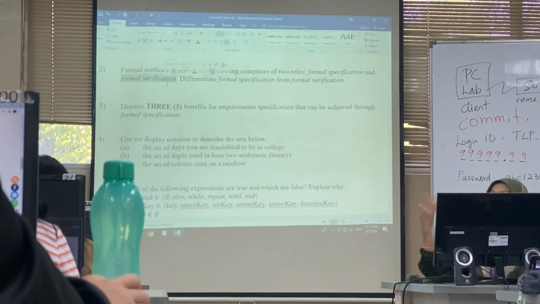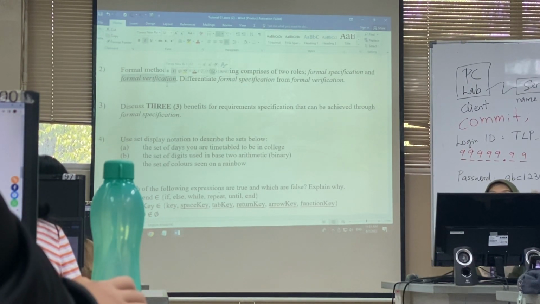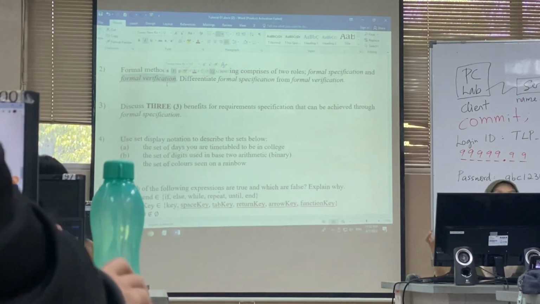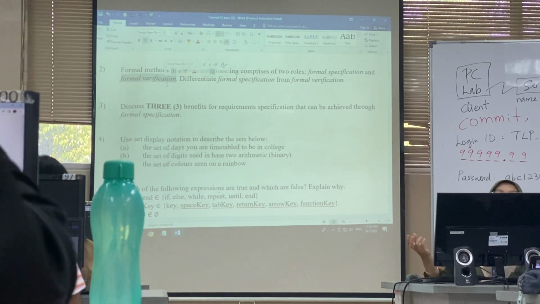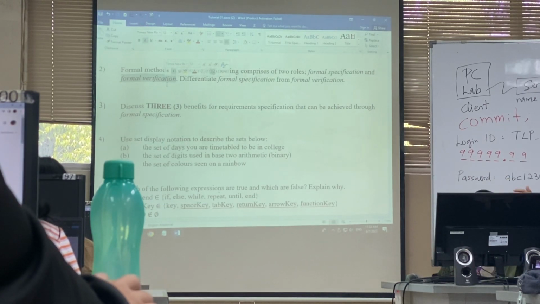It means that you get all the requirements from the clients and so on, and they will be mixed up. Some say this, some say that. So you have to find what is related to what you want or what they want. Then when you have done all this arrangement accordingly, this is what we call specification. That's why later when you do the SRS, the software requirement specification document, you list down all the requirements accordingly.